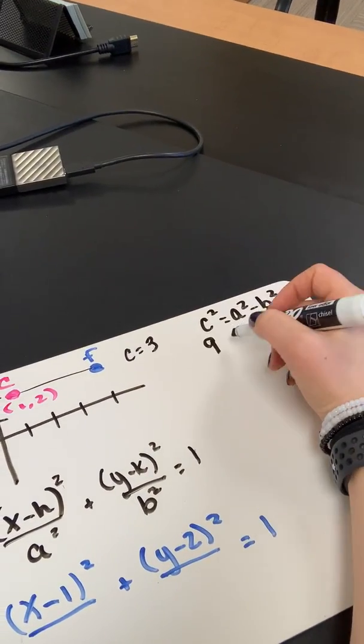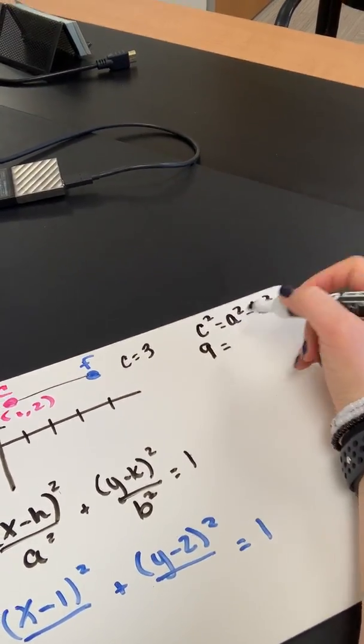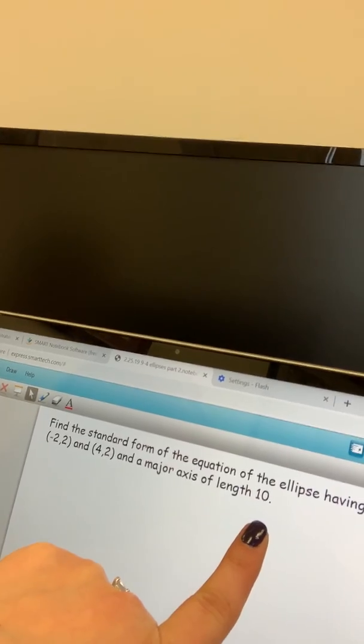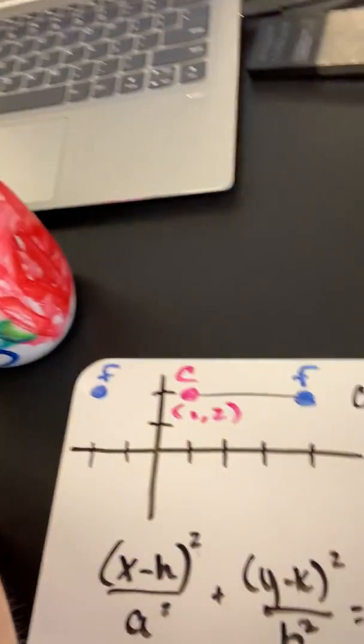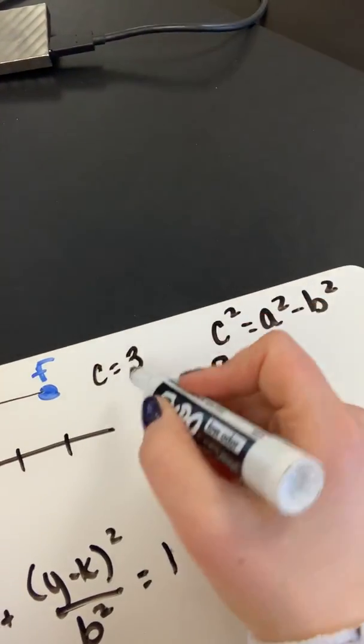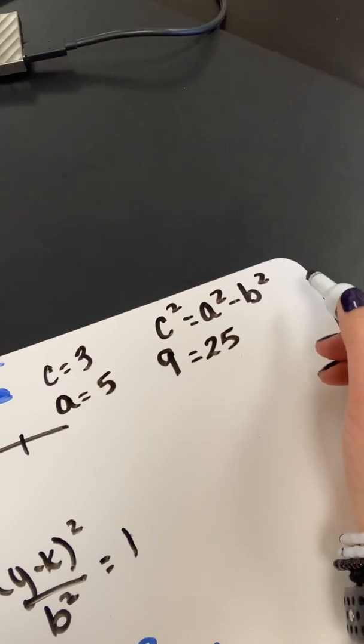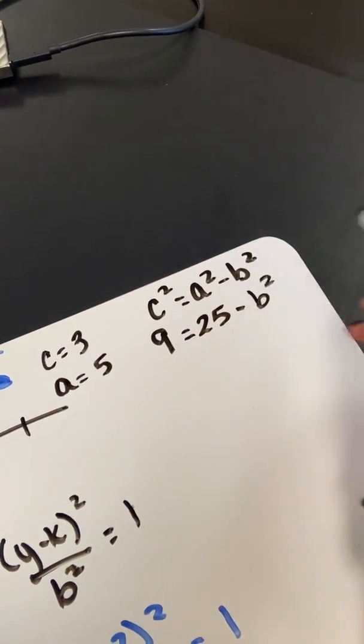So based off that, we can plug in some things, right? I'm just going to go back to the question. The major axis length is 10, so the entire length across is 10, which means that half of that length is 5. So going back here, our a value is 5. So we have 25 for our a squared, and then minus b squared.